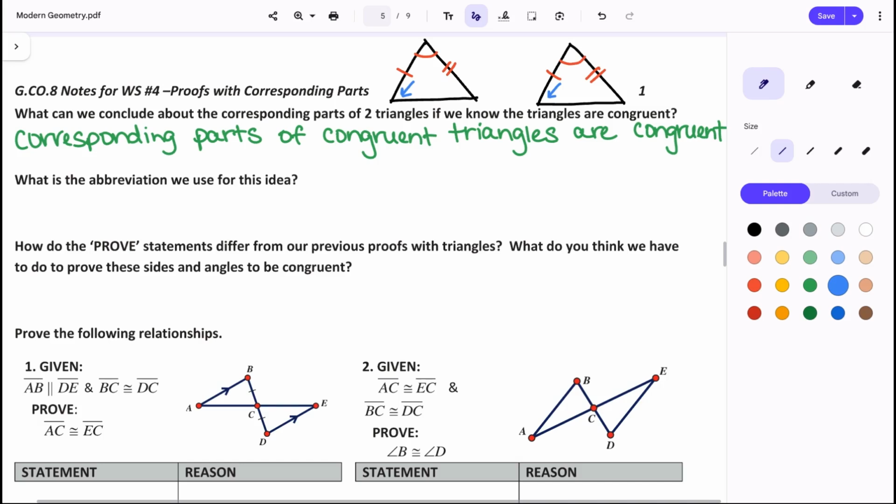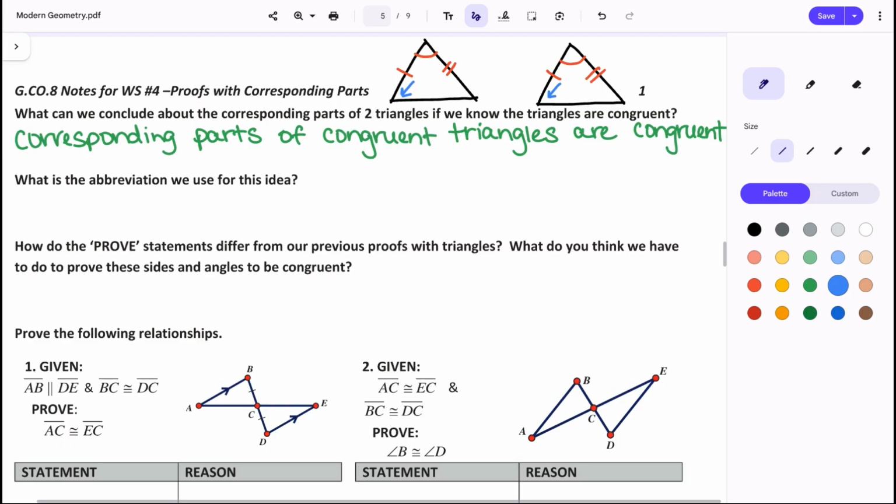So because we have a lot of words, we have a way to abbreviate this. Like we have an acronym that we can use to represent this. Just like you've had abbreviations for your tests. Instead of writing out the words side, side, side, or side, angle, side, we used letters. SSS, SAS, ASA, like we had all of those. We also have an abbreviation for this.